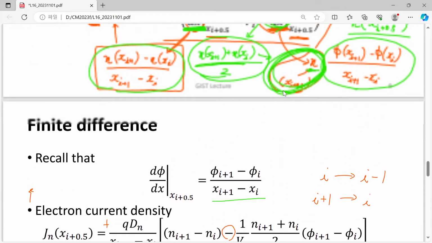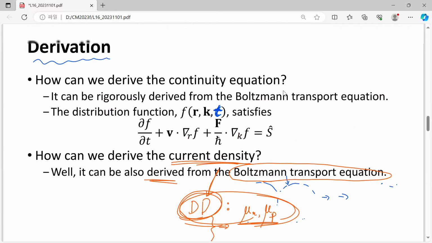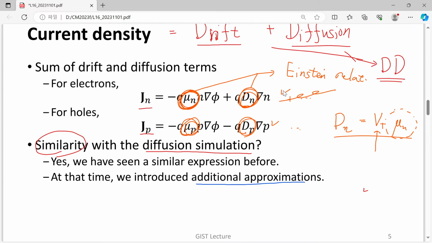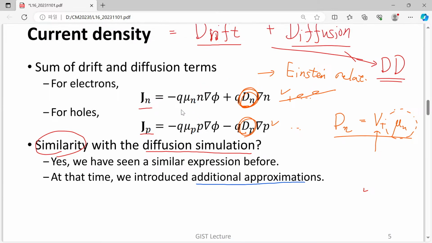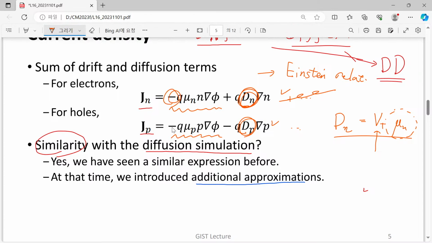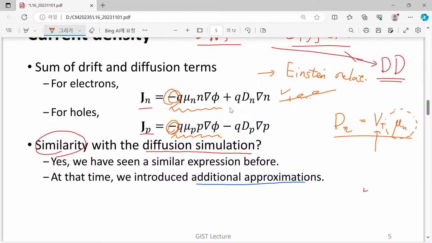Please note that when we come back to our J sub n and J sub p, we realize that they share the overall negative sign. Both of the drift terms for electrons and holes have a negative sign. But in the case of our diffusion term, holes have a negative sign and electrons have a positive sign.